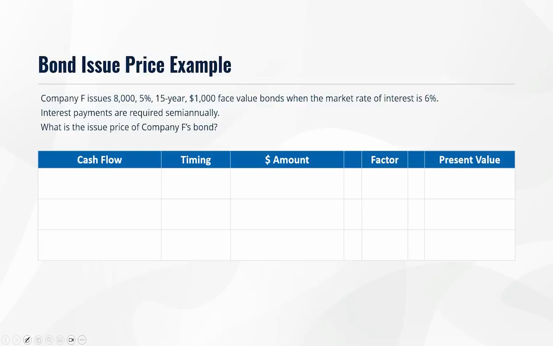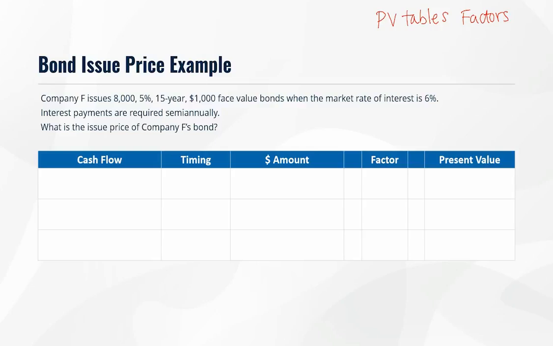Now, this is the table that I like to use whenever I'm doing a bond issue price calculation. I'm going to use the present value tables to find my factors. Now, if you have one of those fancy calculators that's permitted on your exam day, you could also use your financial calculator. But in this example, I will show you how to do it using the present value tables.